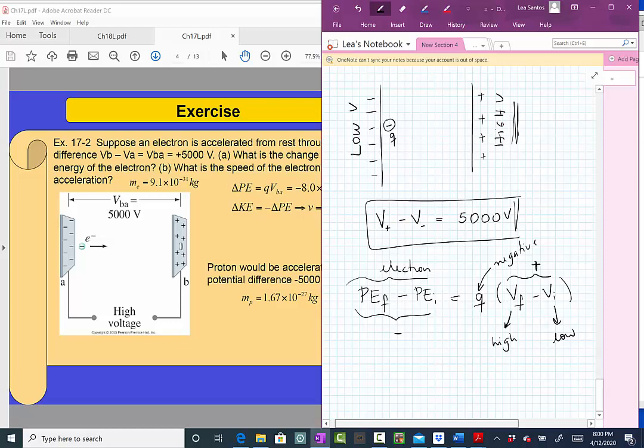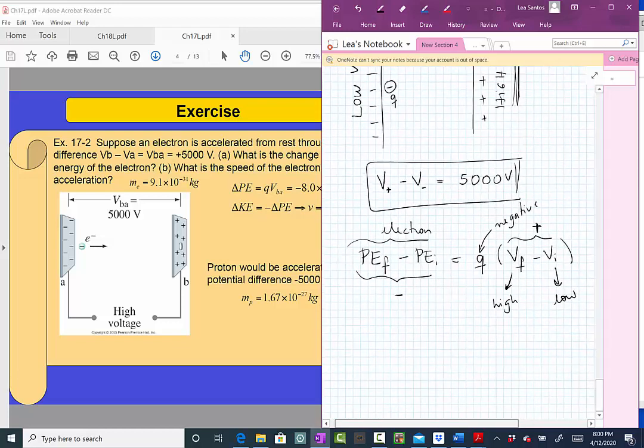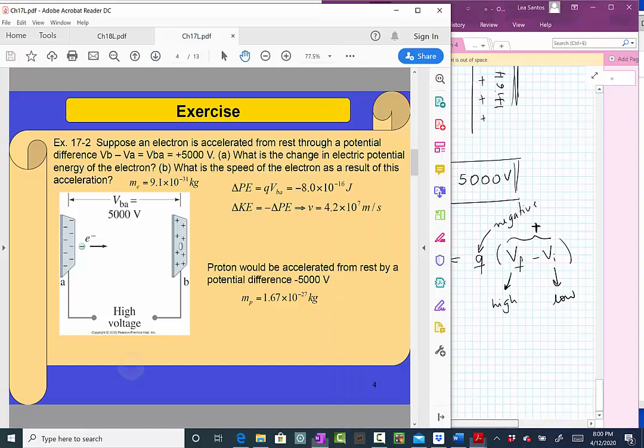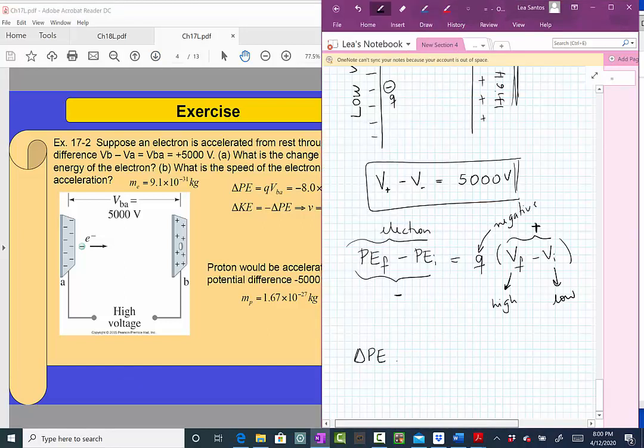Now we just need to put the numbers there. The change in potential energy for this negative particle is going to be the Q for the electron. It's not written on this slide, but we know what it is: minus 1.6 times 10 to minus 19 coulomb, and the potential difference is 5,000 volts.